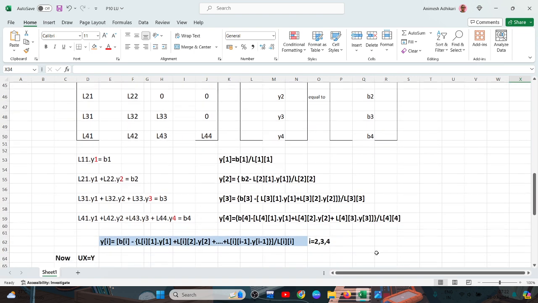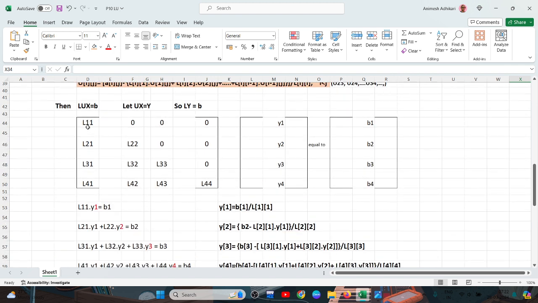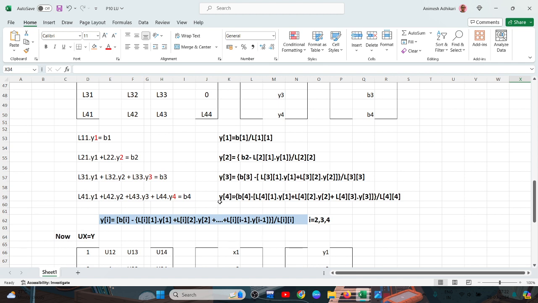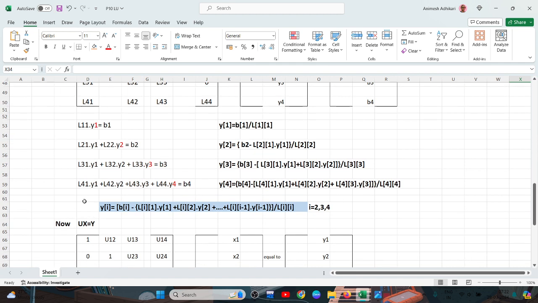And again solving this, we get this first row, first column, this is the b1, second row, first column, this is equal to b2, and we solve this equal to this. y4 equal to this, and hence compactly we write yi equal to bi minus bracket li1 into y1 plus li2 y2 plus dot dot li,i minus 1 yi minus 1 bracket close, divided by lii, here i equal to 2, 3, 4.